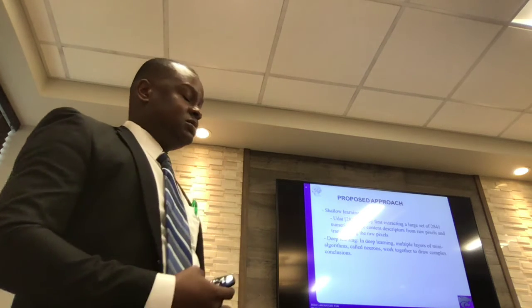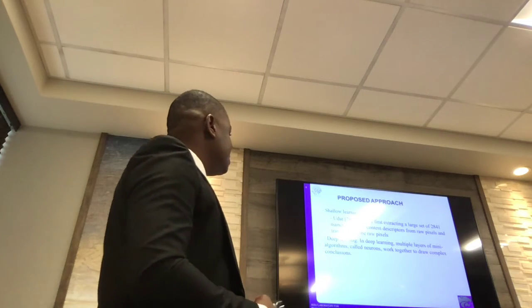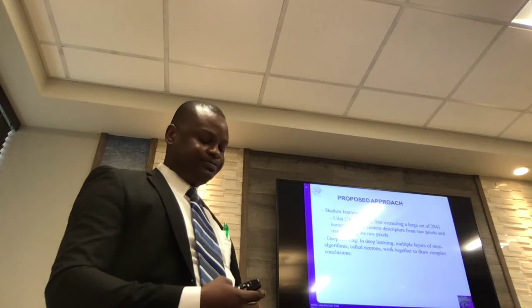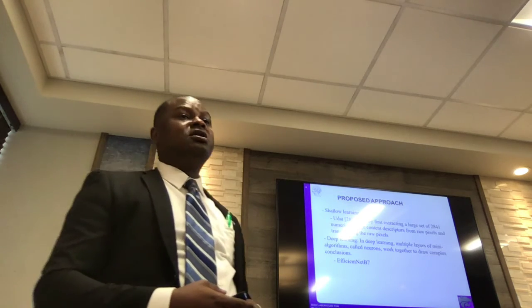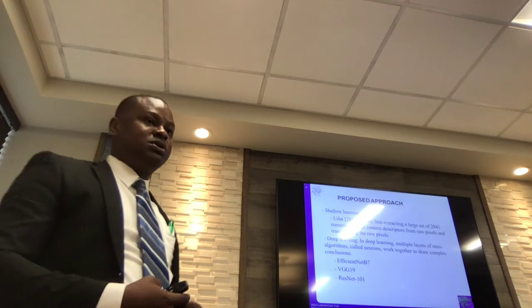Another approach we looked at is the deep learning approach. In deep learning, we have multiple layers of mini algorithms, which are referred to as neurons, which work together to make sense out of our data. In deep learning, we looked at a number of state-of-the-art models published in the literature. EfficientNet B7 is one, VGG19 is another, and ResNet 101.